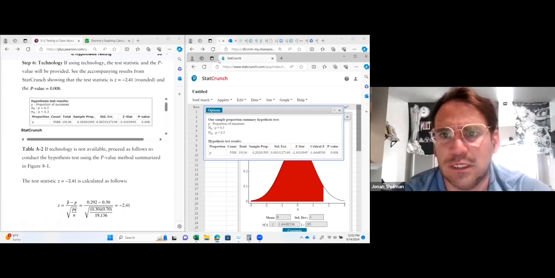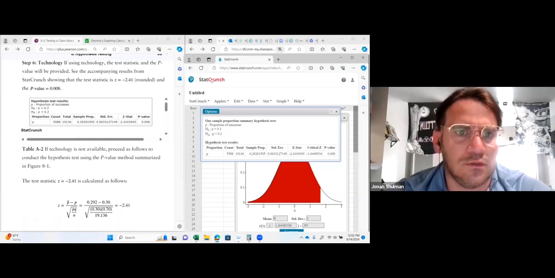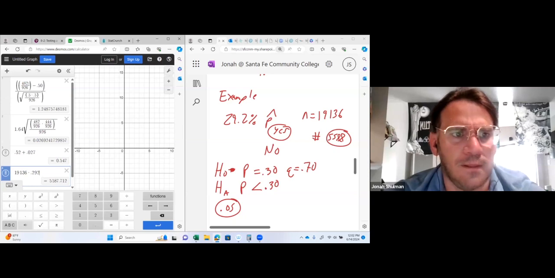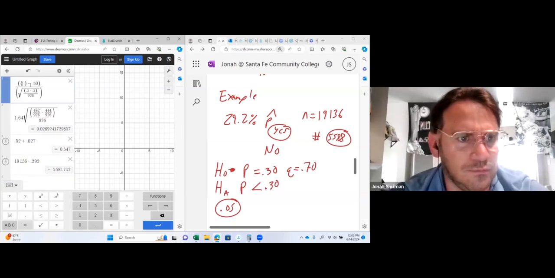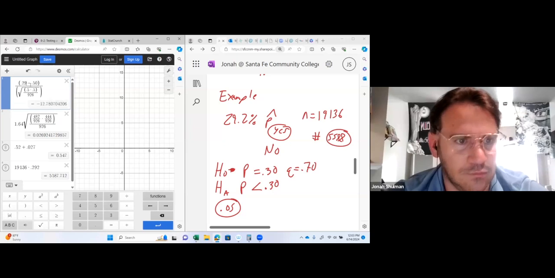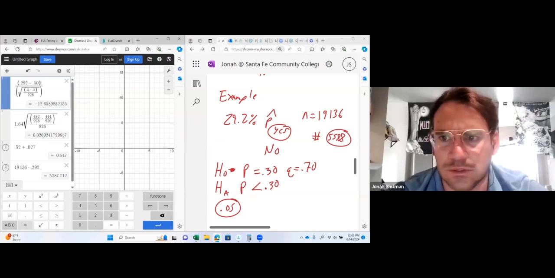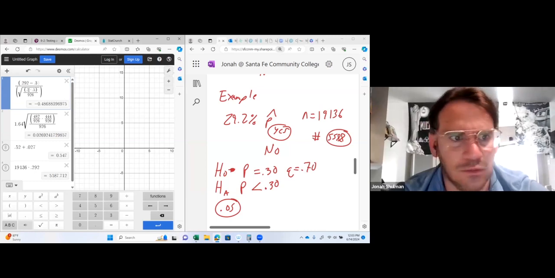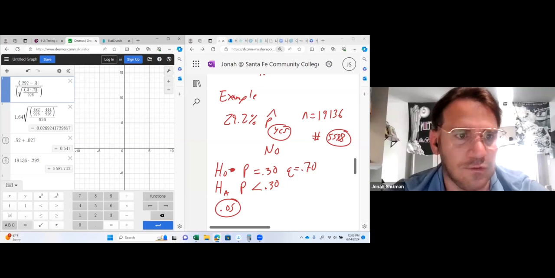So if you want to see me get this by hand, it's not too crazy because we already have everything set up for us right here. So we know this is going to be 0.292. We know this is going to be 0.3. We know that this is going to be 0.3. We know this one's going to be 0.7.